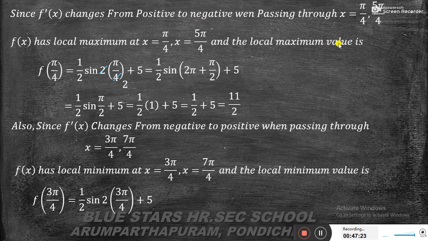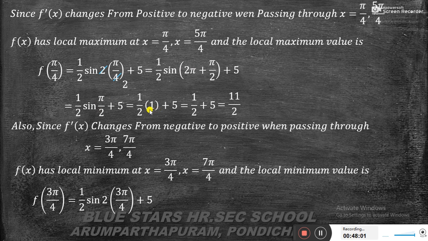The local maximum value is f of pi by 4, which is 1 by 2 sine 2 into pi by 4, plus 5. Substituting this value in the given function, the 2 and 4 cancel, so I write 1 by 2 sine pi by 2 plus 5.